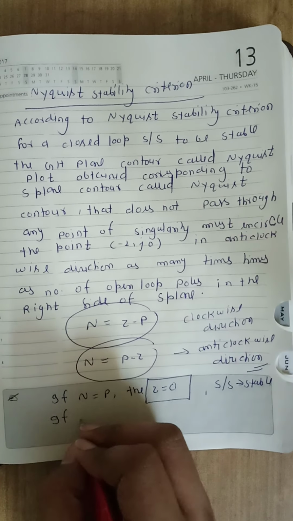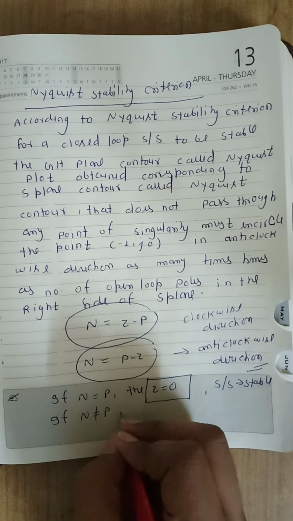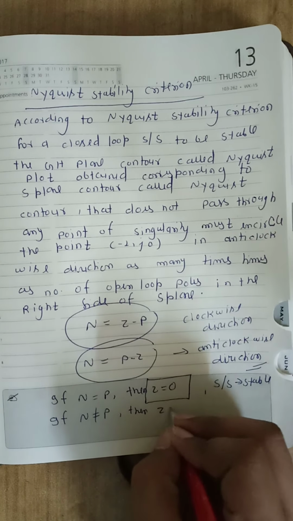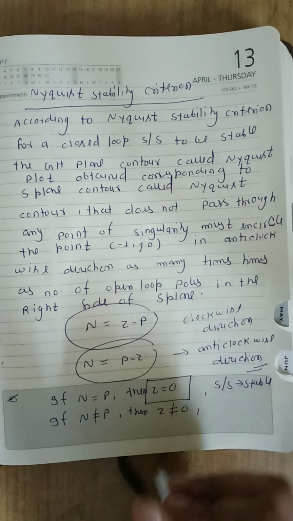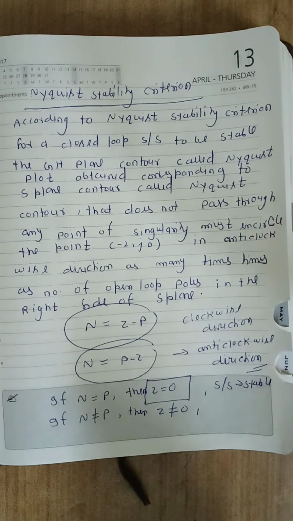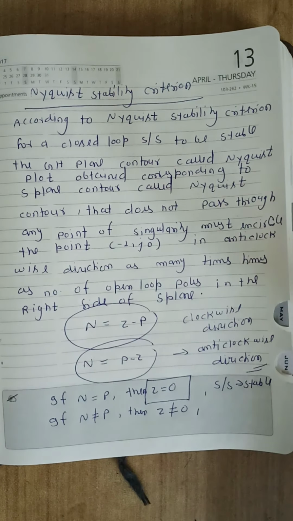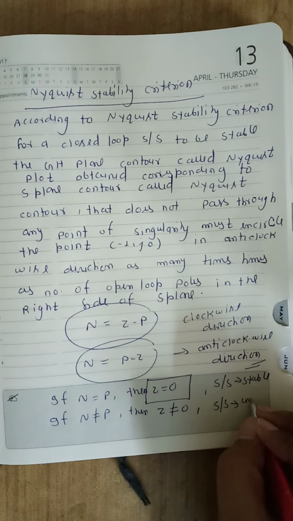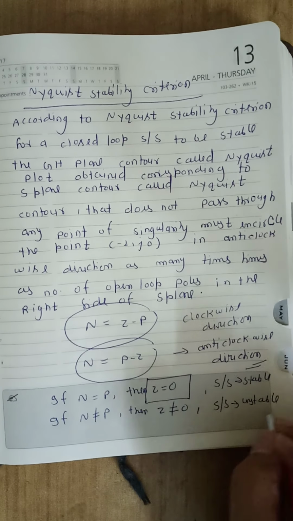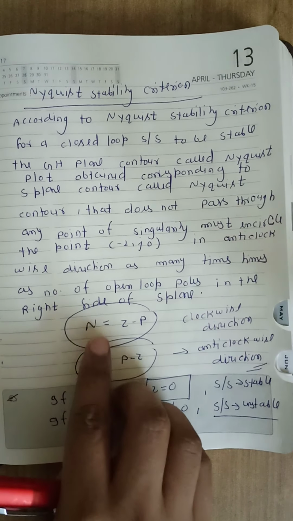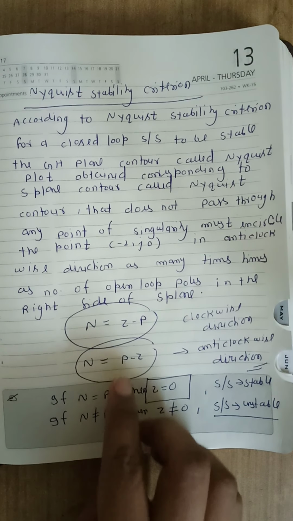If n does not equal p, then z does not equal 0, means we have a pole of closed loop system in right side of S plane, so system becomes unstable. So according to Nyquist plot, we will calculate n, we will calculate p.